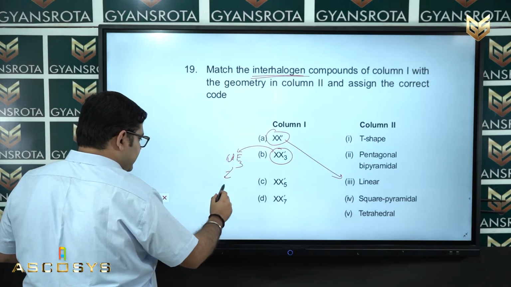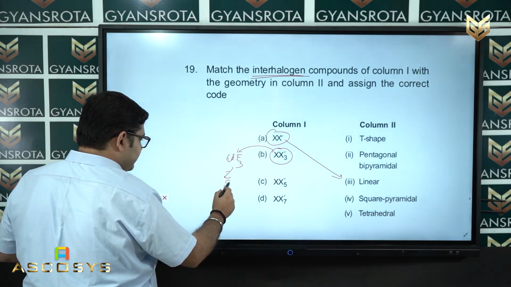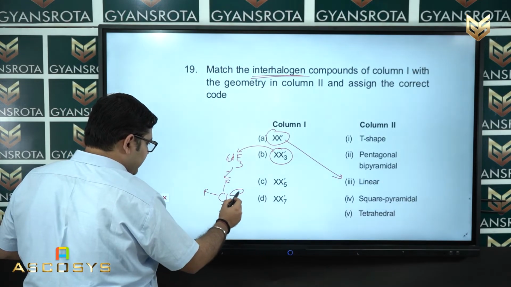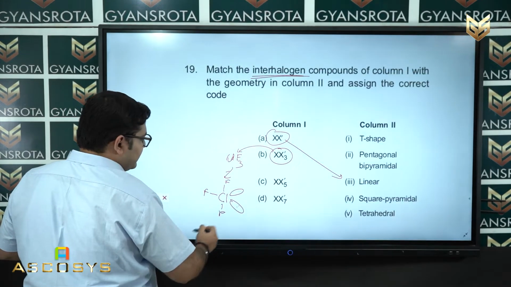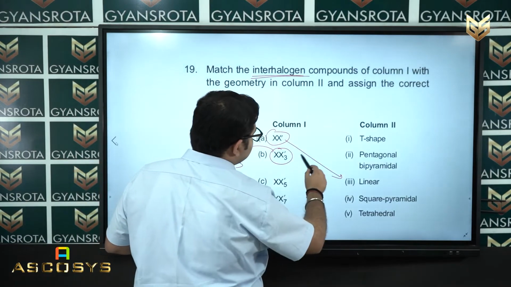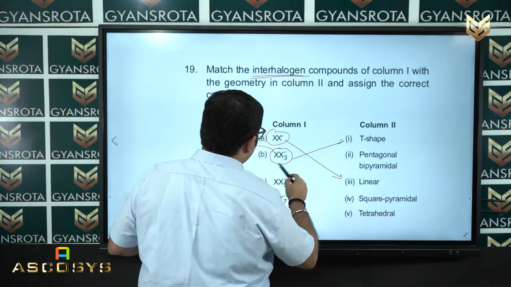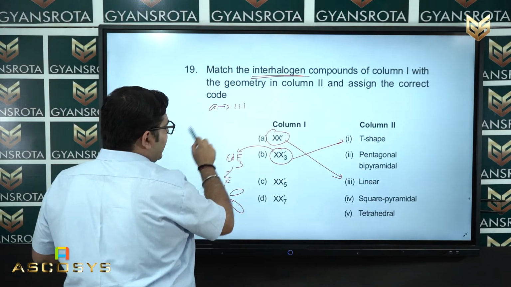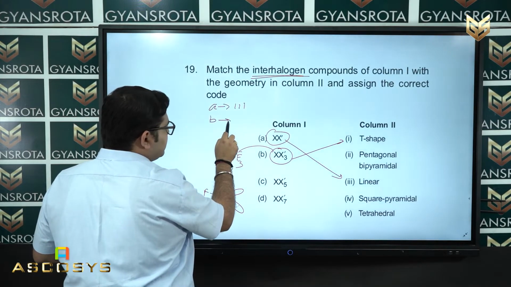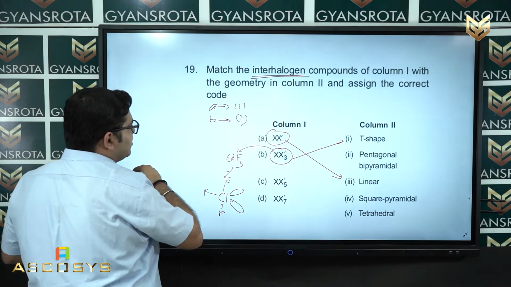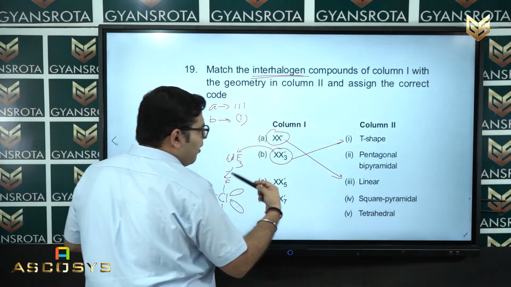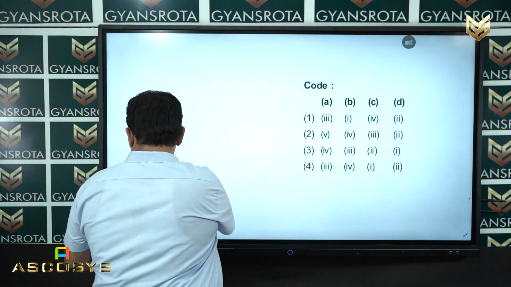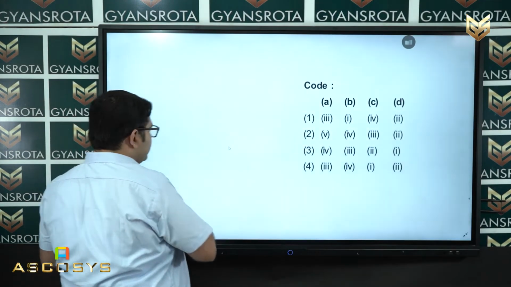How does it look? Cl is the central atom, F is on this side, this, and these two lone pairs will be like this. So, this is your T shaped structure. So, option A is matched with 3 and option B is matched with 1. Now see the options.